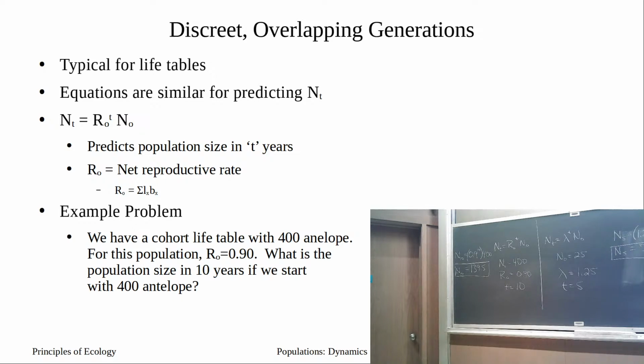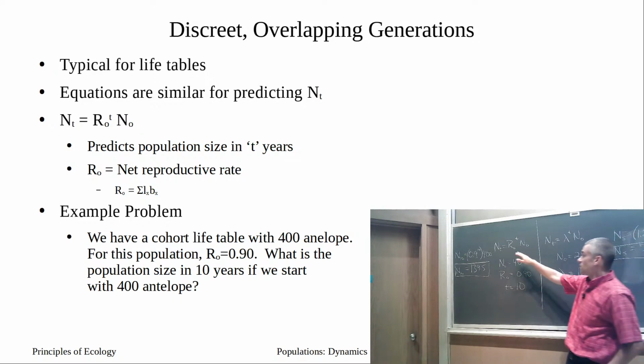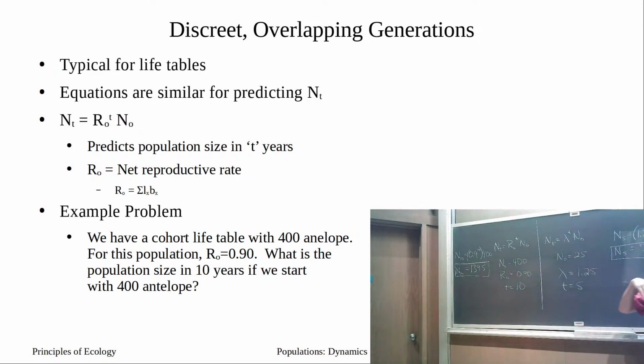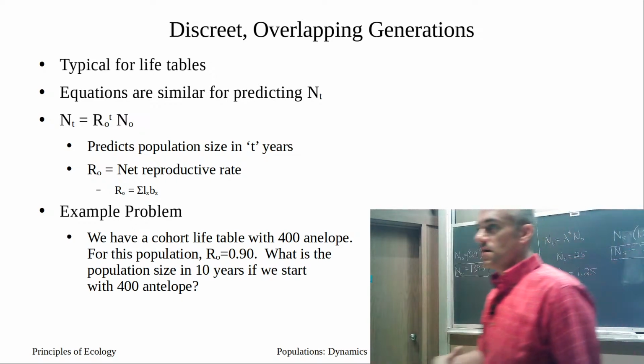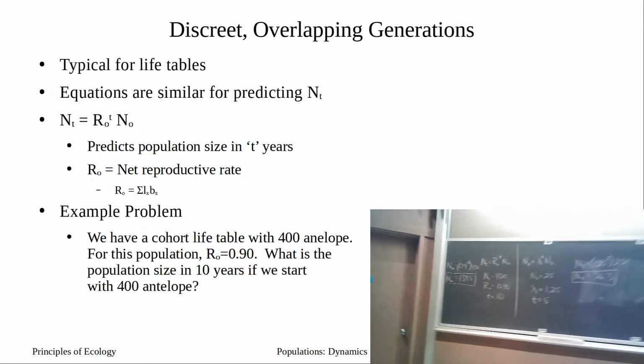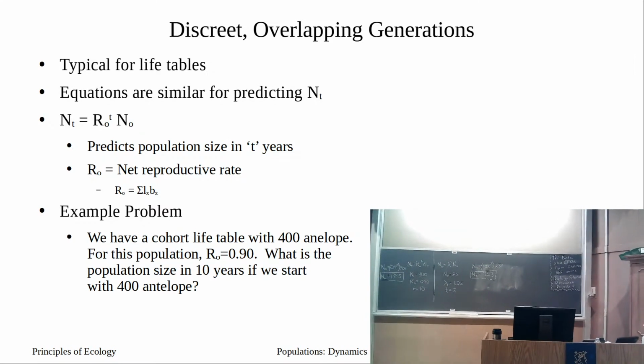If I say the finite rate of growth, you should be able to recognize that that's lambda. We only have one equation that has R naught in it, and only one equation with lambda. So once you know those terms, it should help you understand which equations to use.